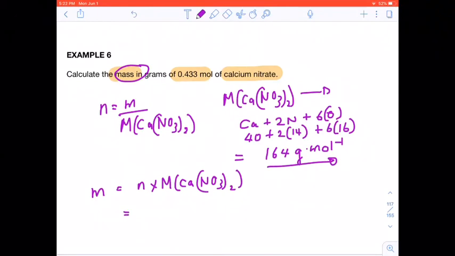So n is 0.433 moles times 164 grams per mole, which is then equal to 71 grams.